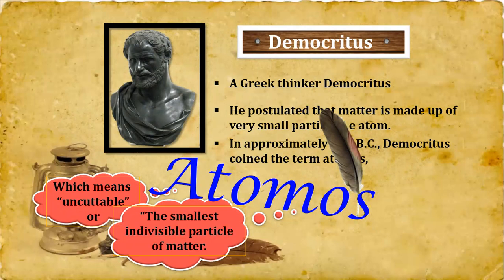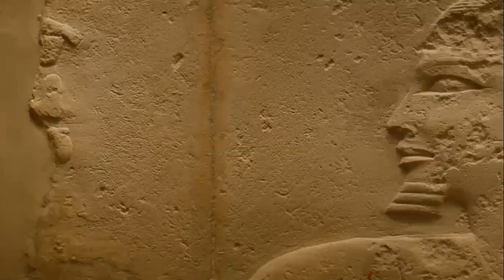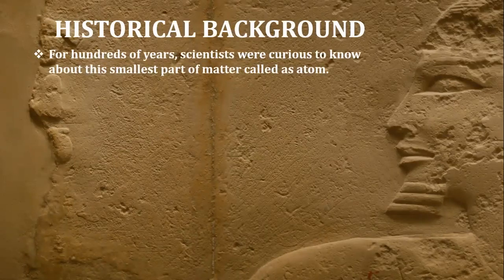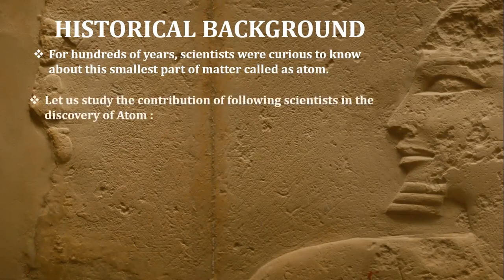So this was the Greek philosopher Democritus's theory. There were other scientists as well who contributed to the discovery of the atom. Democritus was in Greece. At the same time, in India, we had Rishi Kannad.